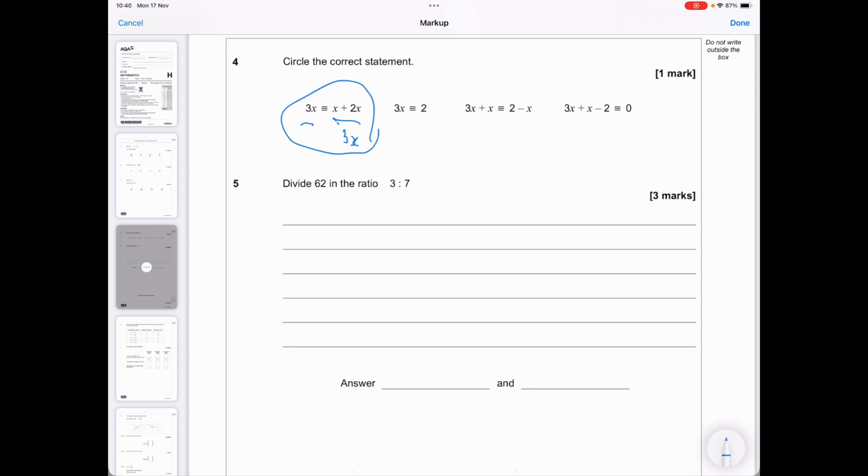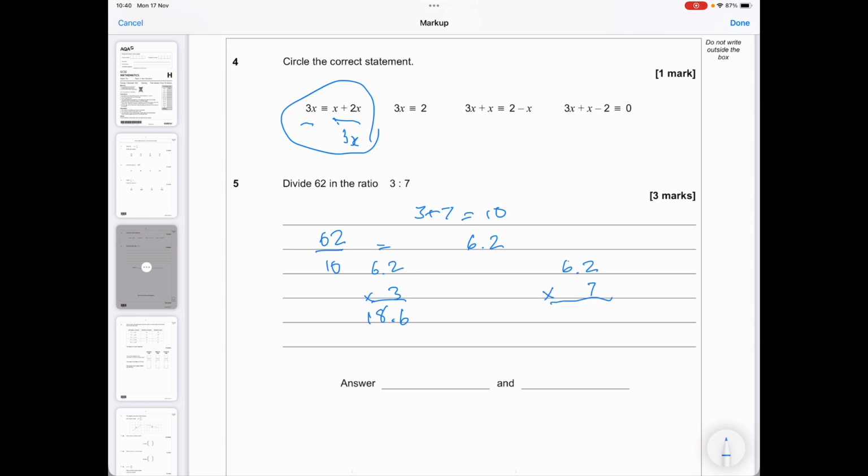Divide 62 in the ratio 3 to 7. So there are 10 parts, so 3 plus 7 equals 10. We divide 62 by 10, and we get 6.2. On one side we get 3 times 6.2, which is 18.6, and on the other side we get 6.2 times 7.